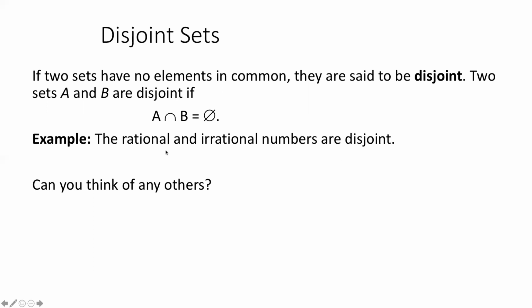An example is the rational and irrational numbers are disjoint. Can you guys think of other ones? So I'll give you like 10 seconds. How about negative numbers and positive numbers? Is there any overlap with them? The answer is no, there is no overlap with them. So they would be disjoint as well.